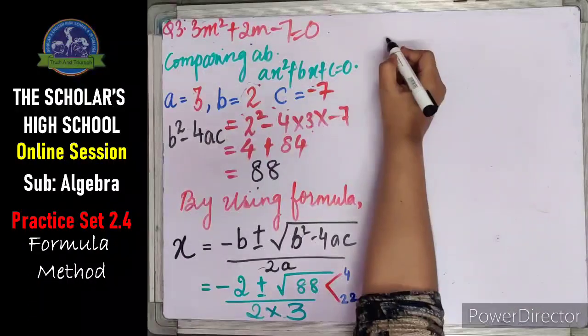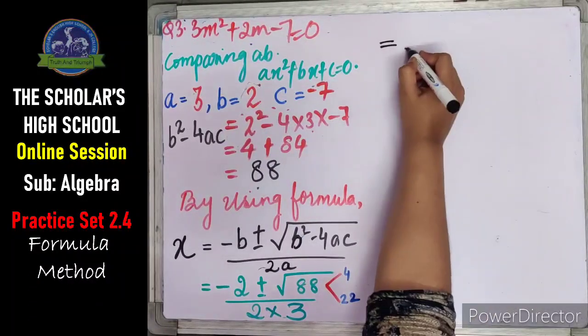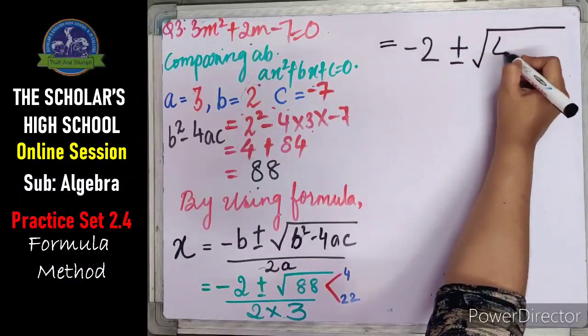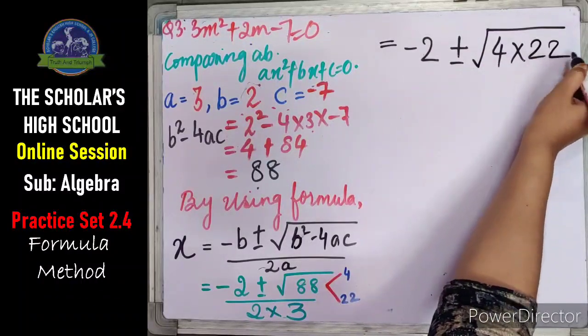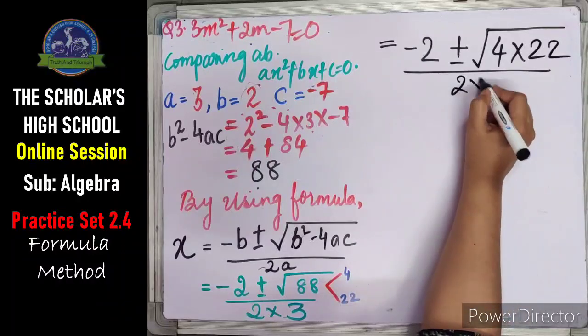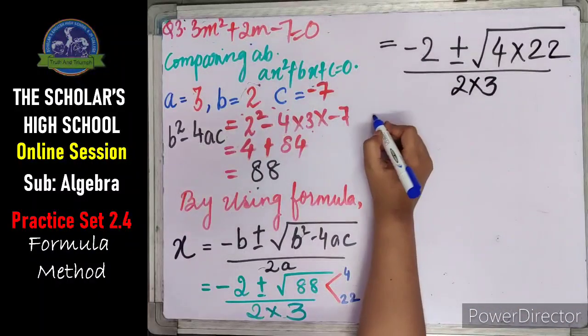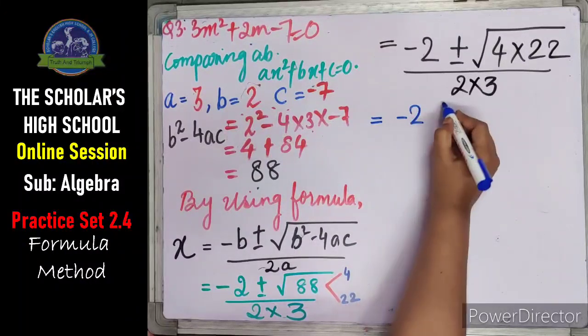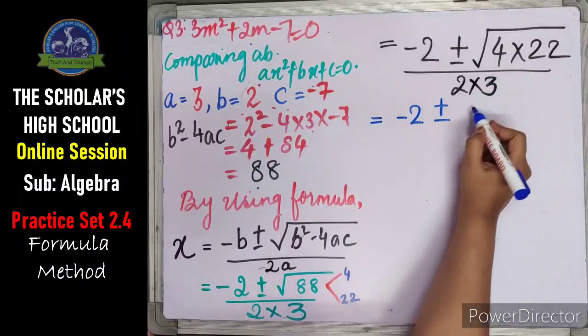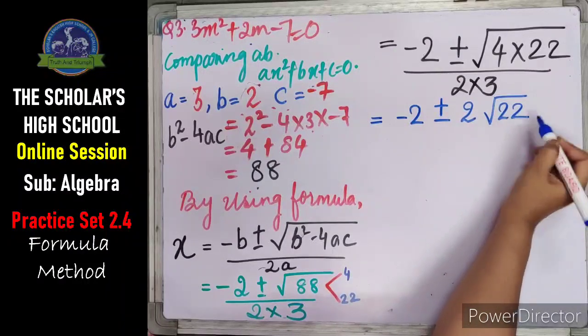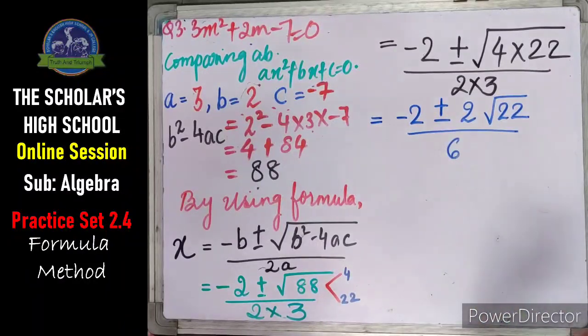So here it will be equal to minus 2 plus minus root of 4 multiplied by 22 upon 2 multiplied by 3. So equal to minus 2 plus minus, 4 is a perfect square, so it will come out of the root, 22 stays as it is. 2 threes are 6.